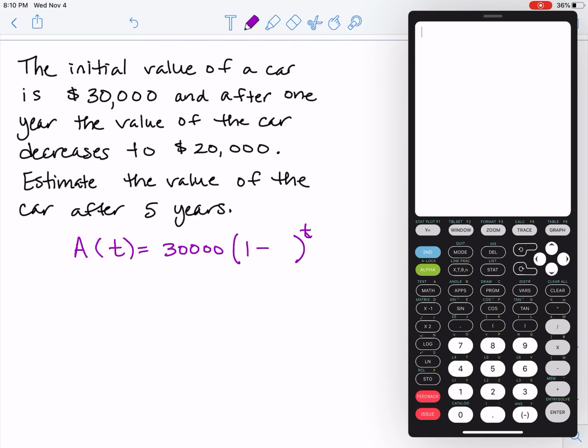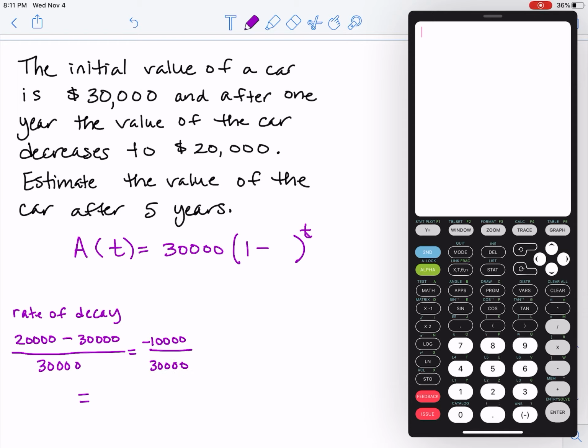Well, I need to figure out, what is that rate of decay? I don't know the rate of decay. So let me write that down here. Rate of decay. Well, it decreased to 20,000. So I take 20,000 minus what I started with. So it went down 10,000 out of that 30,000.